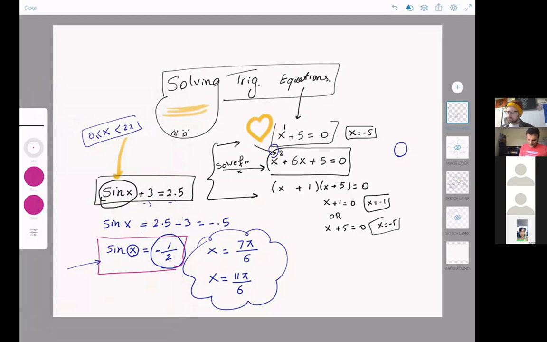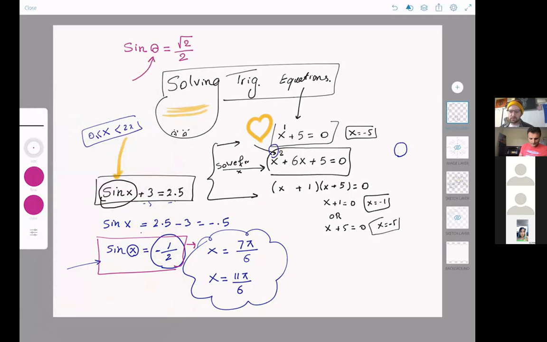So before we go here, I'm going to ask a couple of other questions. Like if I ask you, sine of theta equal to radical 2/2, what do you think theta will be?